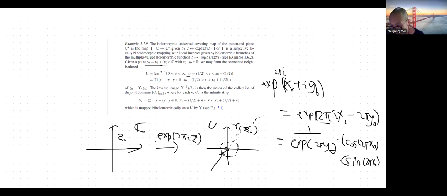This is a fundamental example of a holomorphic universal covering map.